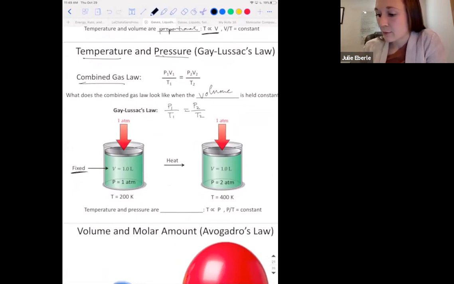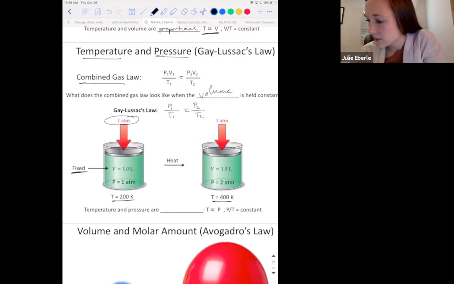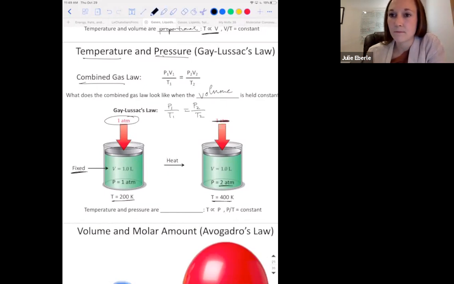And if we have a pressure of 1 atm and a temperature of 200 Kelvin, that's our P1 and our T1. If we double the temperature, if we heat it up, guess what happens to pressure? This is a typo here. It should be 2 atm.